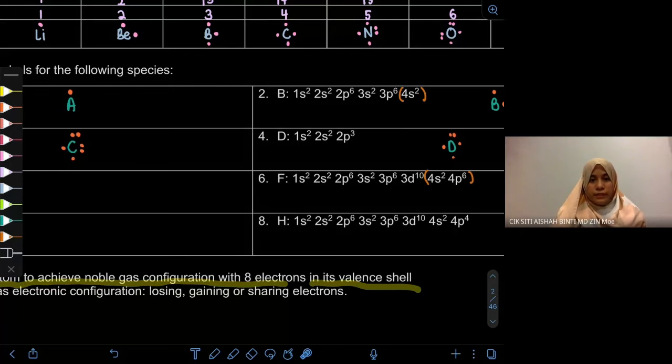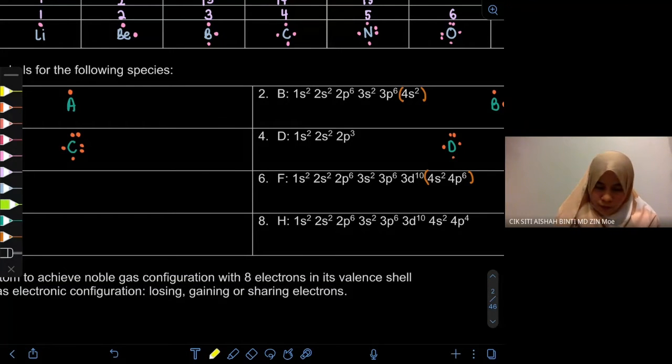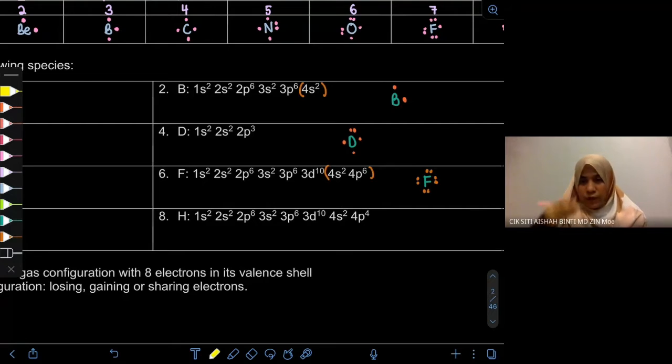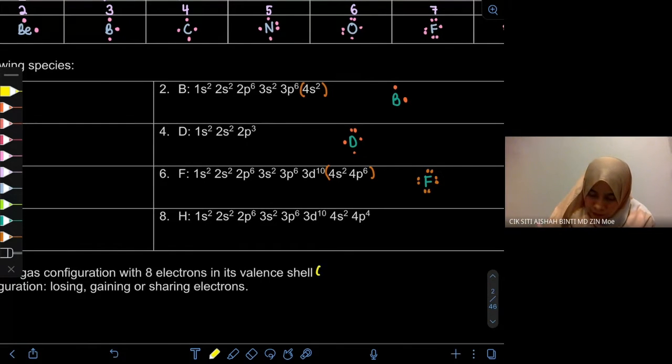So electron ni for our atom ni memang kalau boleh dia nak capai 8 electron lah. So kalau 8 electron tu dia punya electronic configuration, the outermost itu should be ns2 np6. So sekarang ni kita dah belajar based on s orbital dengan p orbital kan. So ns2 np6. Okay, cuma ada satu sahaja exception.